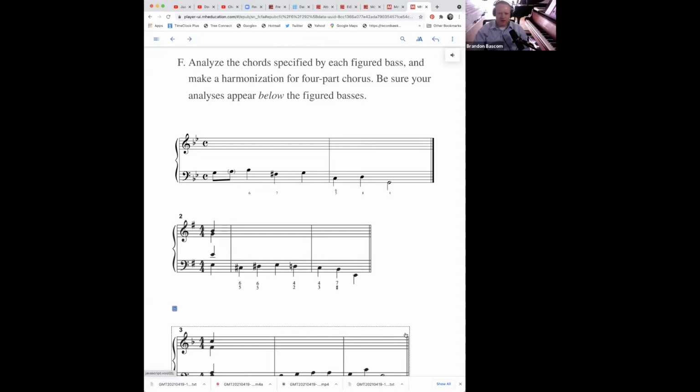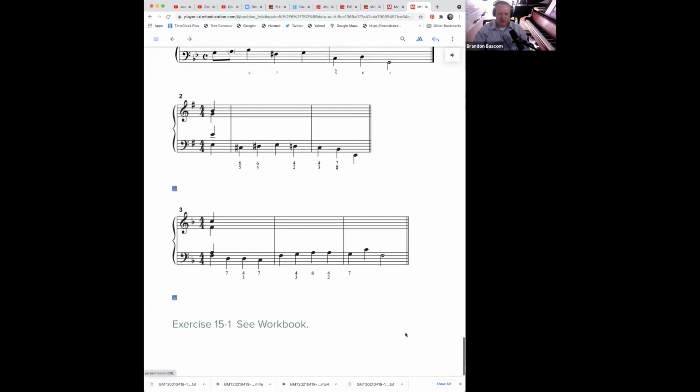Be sure your analysis appears below the figured bass. Let's look at number 3 here. What key are we in? F major.